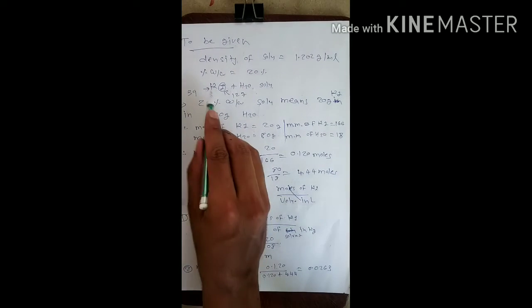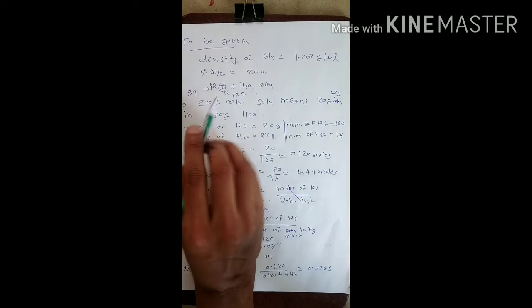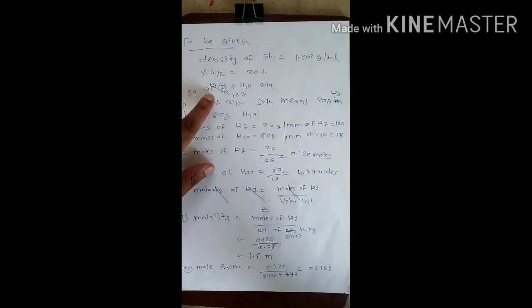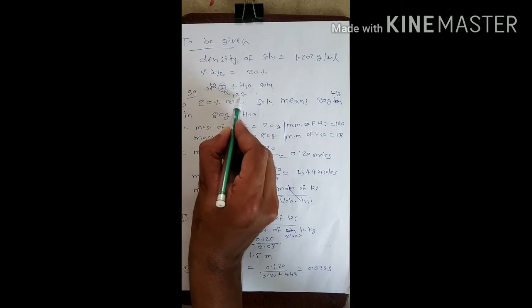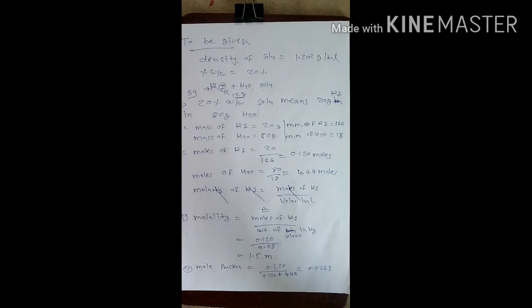Solution of what? KI solution. Now atomic mass of potassium K, that is 39, atomic mass for iodine, that is 127. Okay.